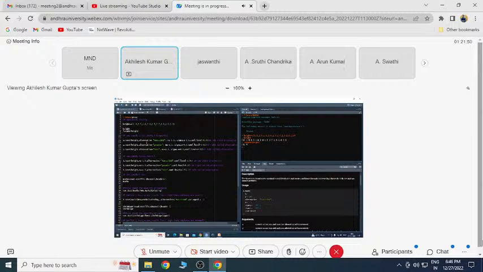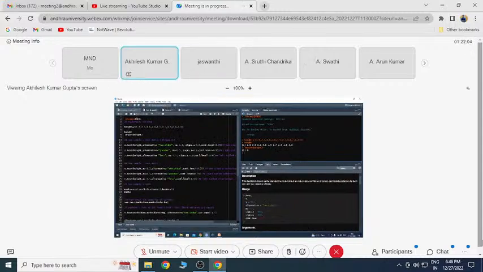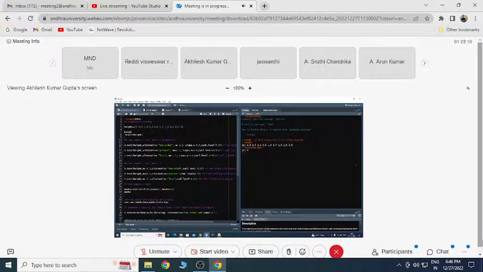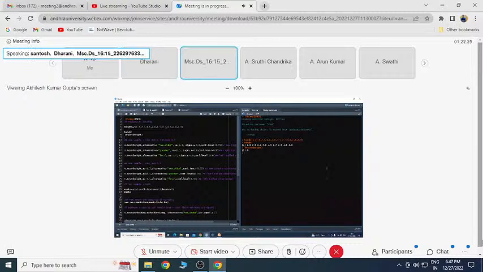Sir, your voice is not audible. Sir, please increase the font size. Maximize the screen. It is maximized. Is it not visible? Yes, sir, it is not visible. The font is too small, sir. Can you maximize our screens?